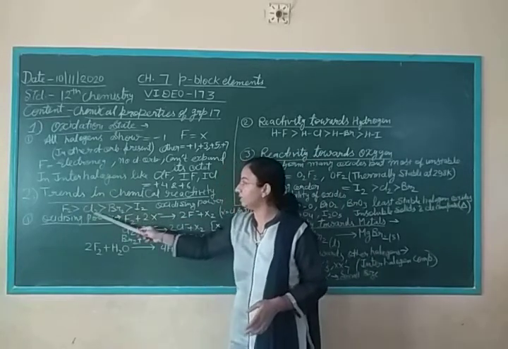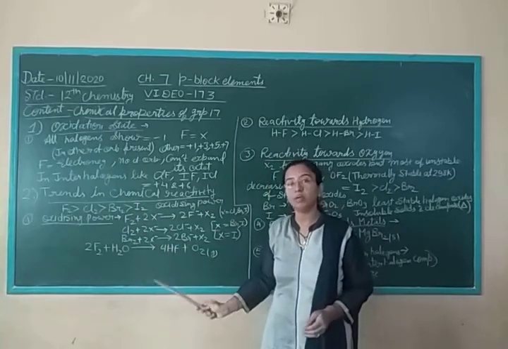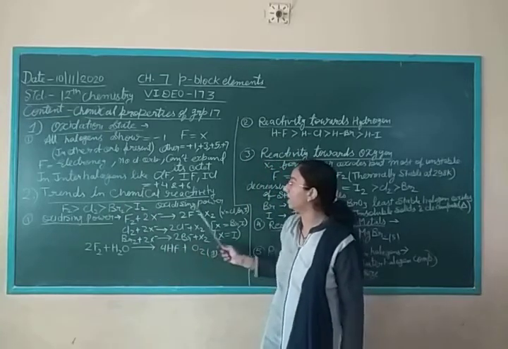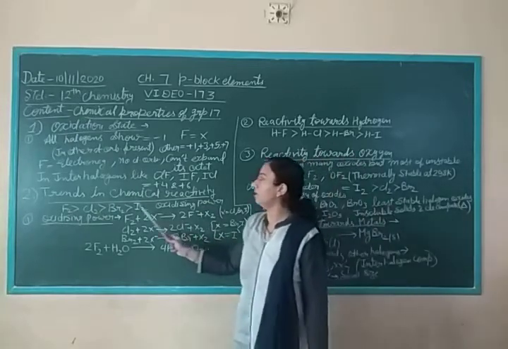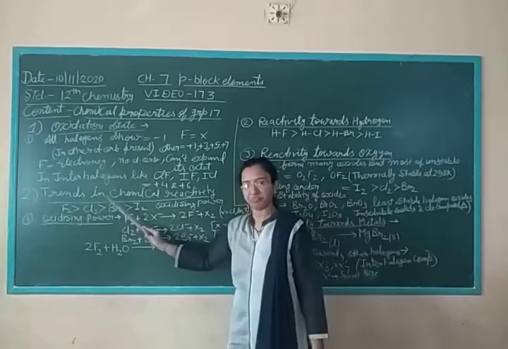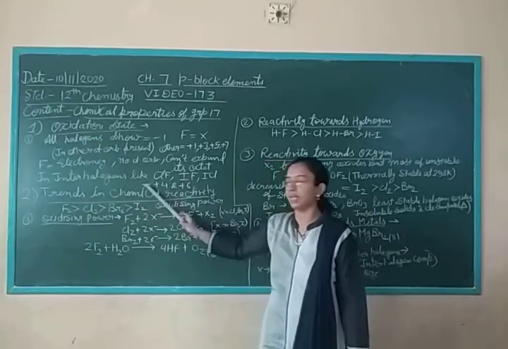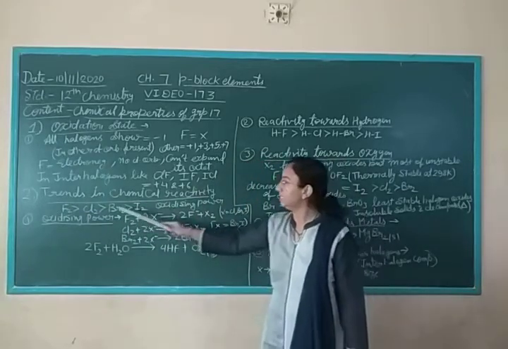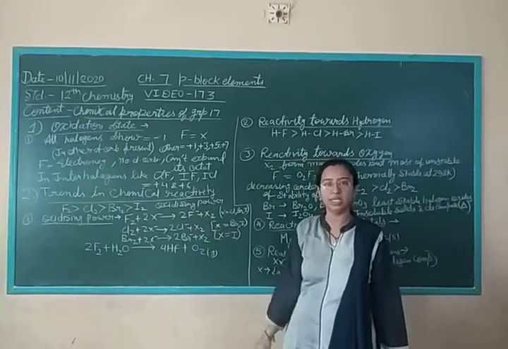On the basis of electronegativity comes its oxidizing power. So fluorine has the greatest oxidizing power, then chlorine, then bromine and then iodine. This is the decreasing order of electronegativity and oxidizing power.